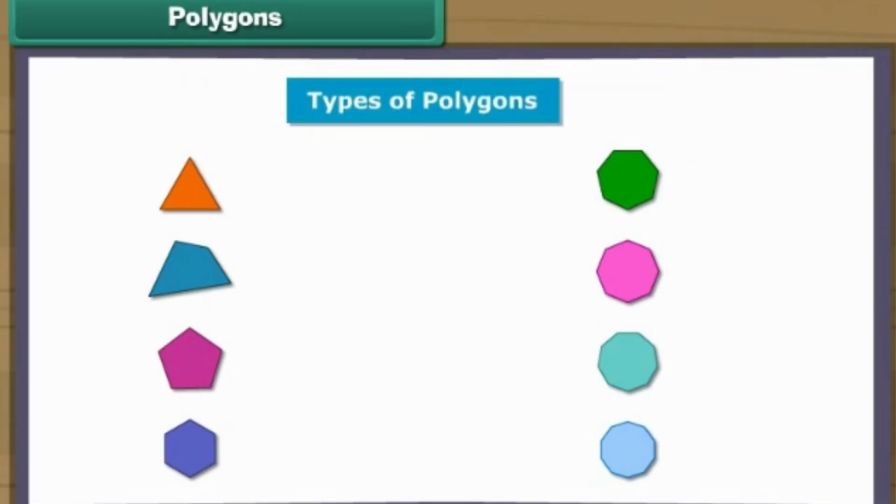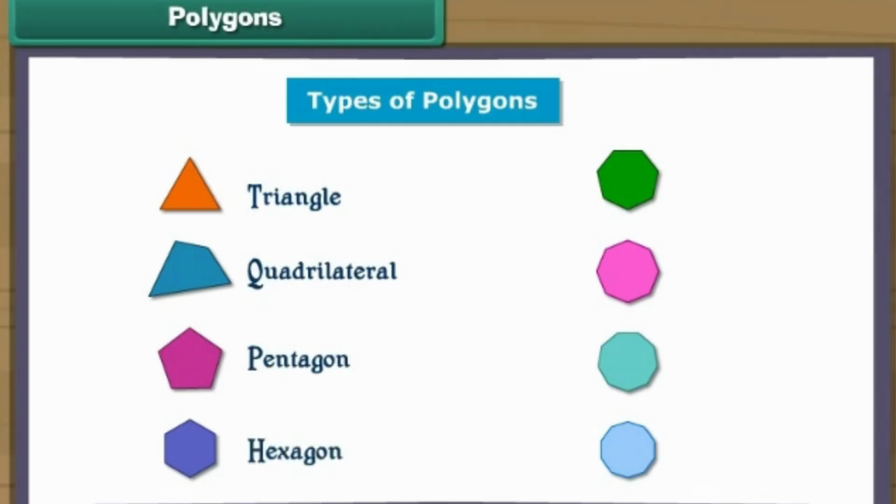Here we look at the following types of polygons. They are triangle, quadrilateral, pentagon, hexagon, heptagon, octagon, nonagon, and decagon.